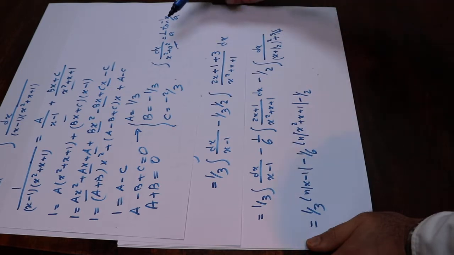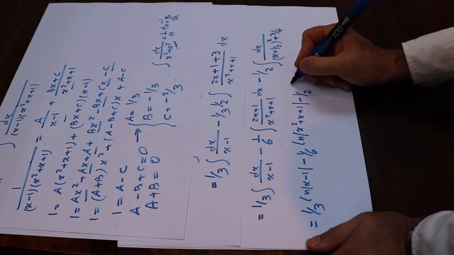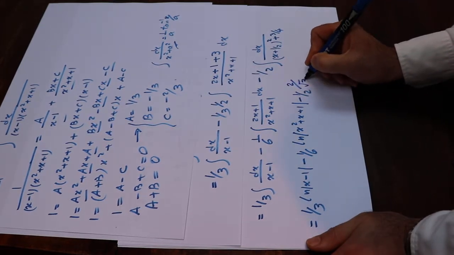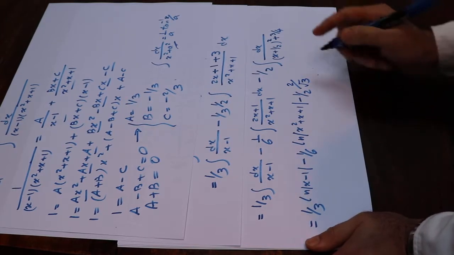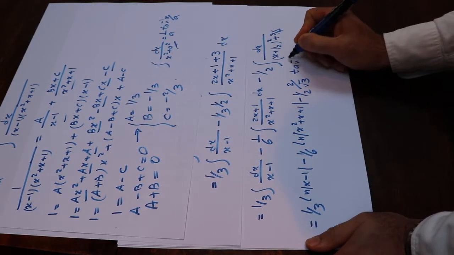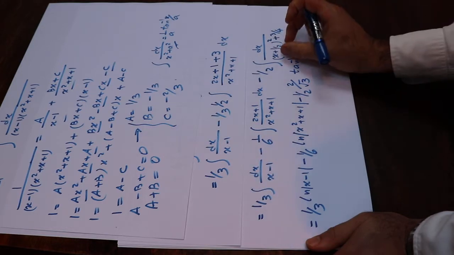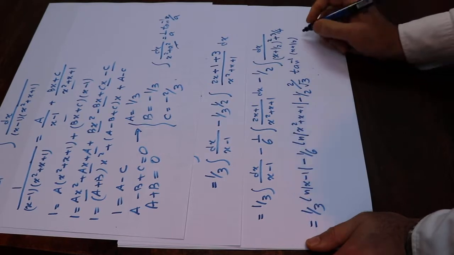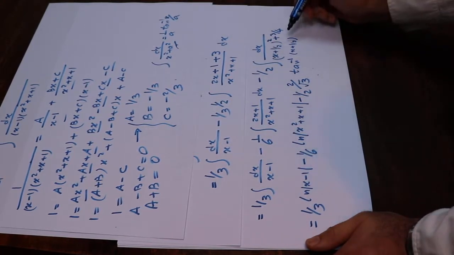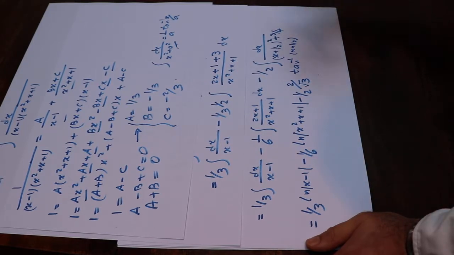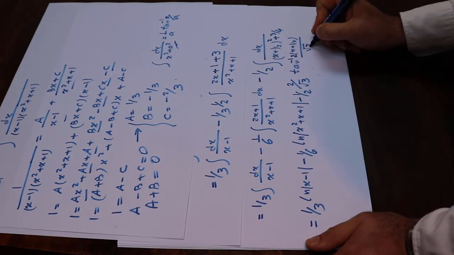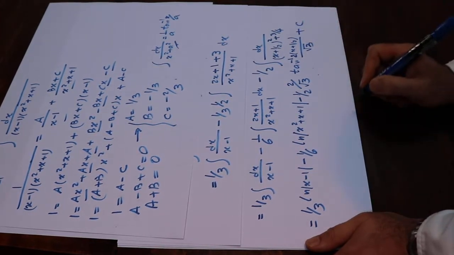And this integral will be equal to 1 divided by a, that is 1 divided by square root of 3 divided by 2, which will be 2 divided by square root of 3, okay, inverse of that, times tangent inverse of x, and in this case x is (x plus 1 divided by 2), divided by a, that is square root of 3 divided by 2. And since it is inverse, you can multiply it by 2 divided by square root of 3. Okay, plus C, which is the constant of the integral.